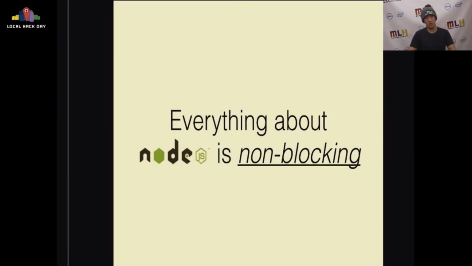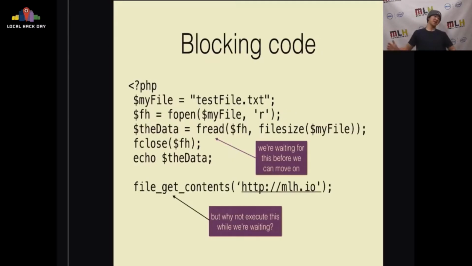So the first thing you need to know about Node is that it's different from every language that you're typically used to. Instead of running everything synchronously, everything about Node is non-blocking. So everything you can do in parallel, essentially. An example of this is this terrible PHP code where when we get down to fread here, we have to wait for PHP to read that file into the variable.